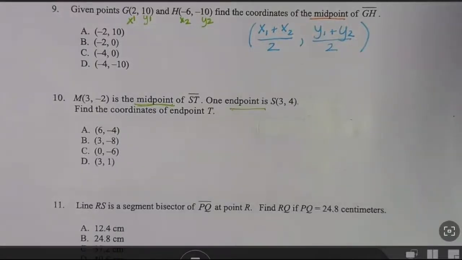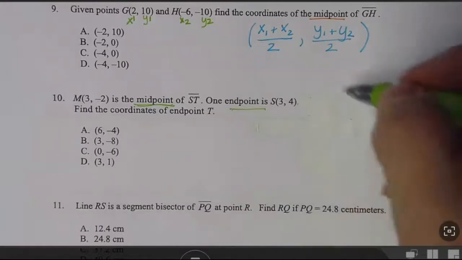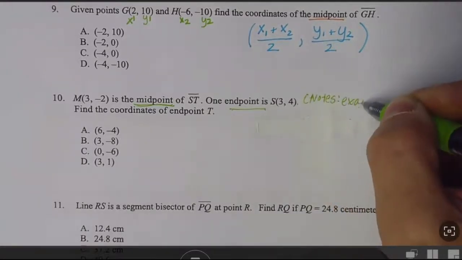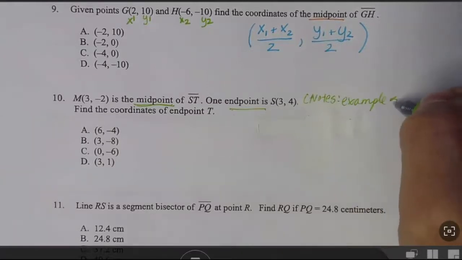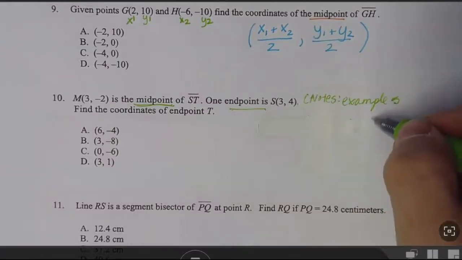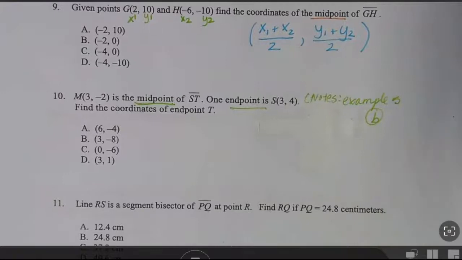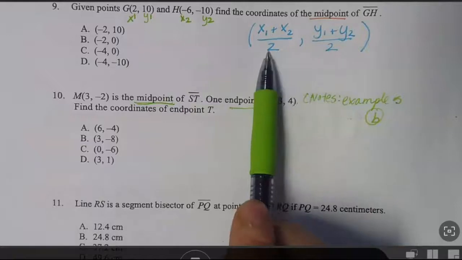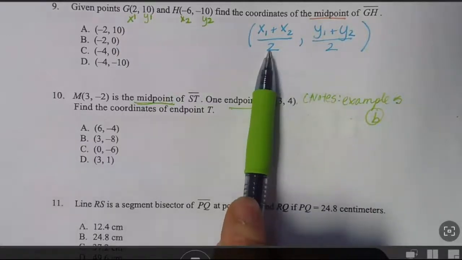If you remember from your notes, you were at example 5 on the notes, and this is where we're at, part B. So B, for example 5, shows us when we're given a midpoint and we are given one endpoint. So what we need to do is use this formula above, but we don't know one of the x's.